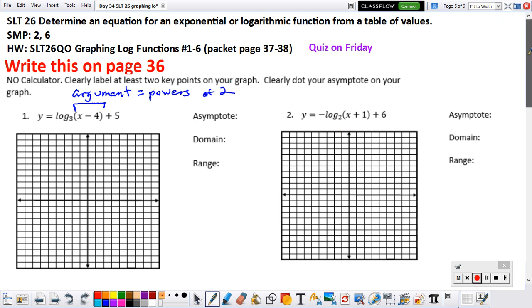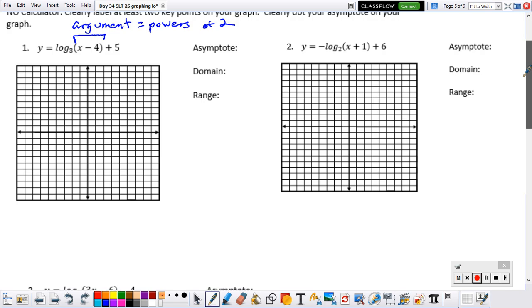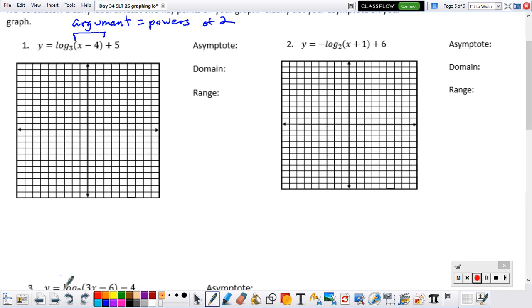So the first thing I'm going to do is say that x minus 4 equals 0, which is not a power of 2. But I know I can't have an argument equal to 0. I can't take log base 3 of 0. So whatever x value results from this is going to be my asymptote, because it really can't equal 0.